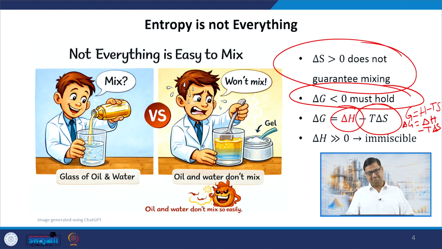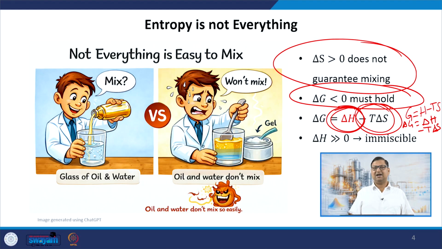And now you see that we have two terms. The second term is always negative, because the entropy change, if I am trying to mix, is going to be positive for the case of mixing. For separation, the entropy change is going to be negative, right. But this delta H, the enthalpy change, is going to be positive if you have immiscible liquids, right.